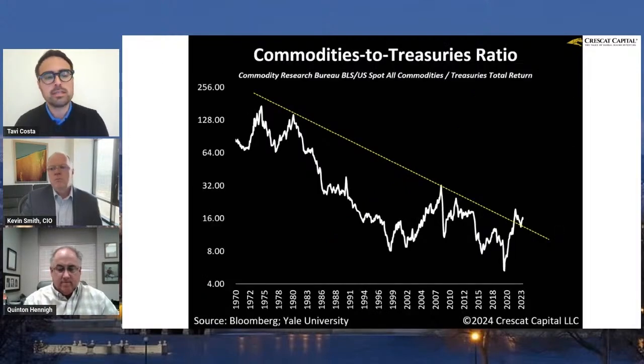And so you can see here an interesting technical chart, but also even you can make a more of a macro case here as well, looking at commodity prices relative to U.S. Treasuries. Well, Treasuries return something in terms of yield, and commodities are only returning something in terms of the price.